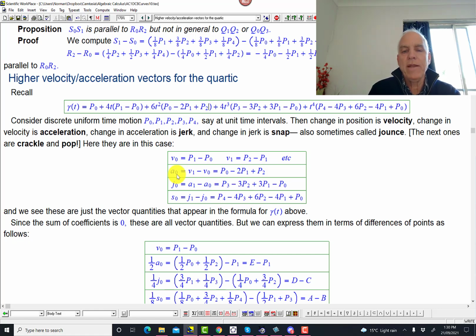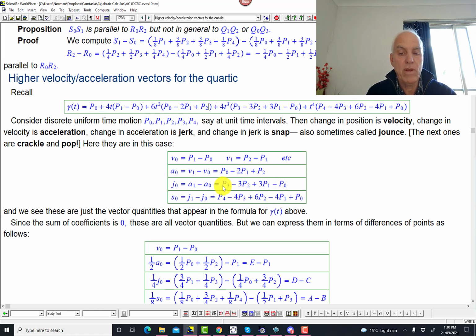Okay, so then the change in acceleration is jerk. So what's the zeroth jerk going to be? Well, it's going to be the A1 acceleration, which is what you get when you take this expression and jack up all the indices by 1. So A1 would be P1 minus 2P2 plus P3. And then when you subtract A0, which is this one, you're going to get this expression.